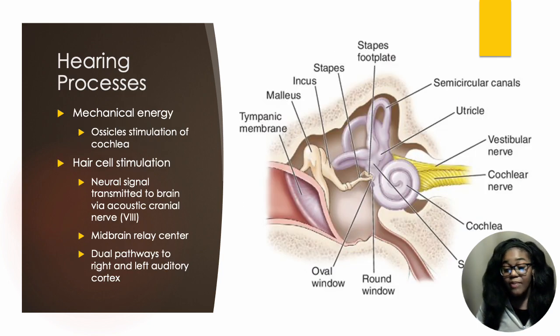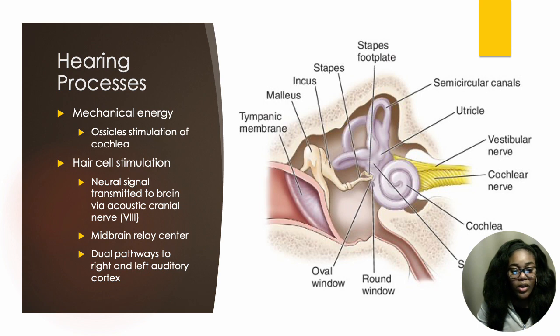So as we've mentioned, your hearing is a combination of outside stimulus and a neuronal signal to your brain. Well, what helps with your neuronal signal is that acoustic cranial nerve, such as cranial nerve 8. And what it does is it helps relay messages to that midbrain center, and then it helps with your dual pathways with the right and left auditory cortex.